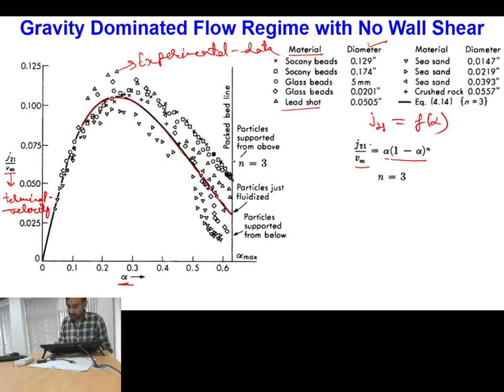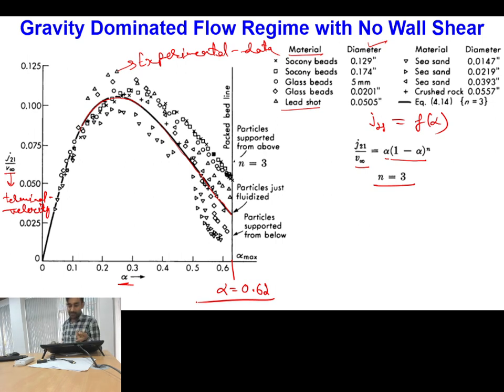From these experiments, J21 becomes equal to V infinity times alpha into (1 minus alpha) power n, and this data is fitted for n equal to 3. Remember one important point: this data is plotted for alpha close to 0.62. After this it is not plotted.